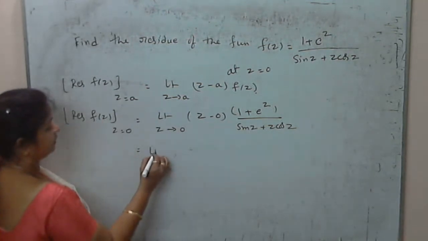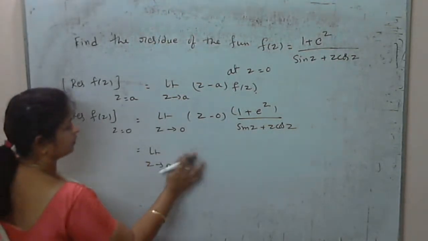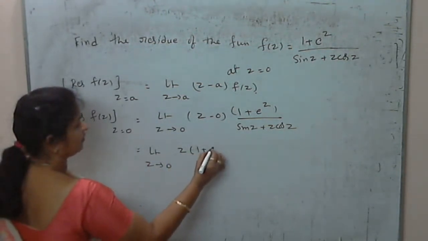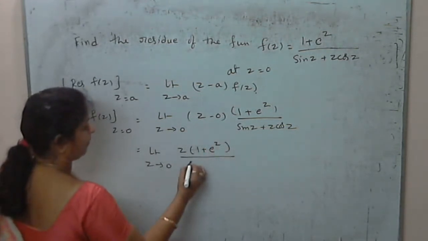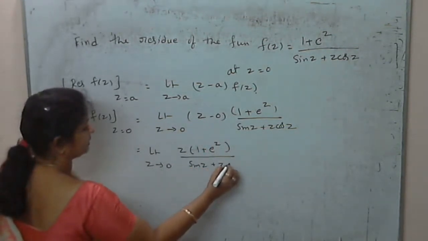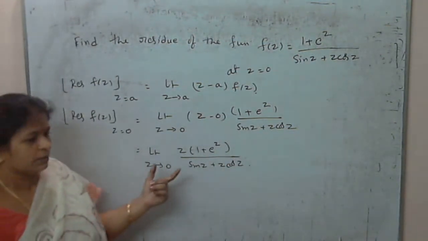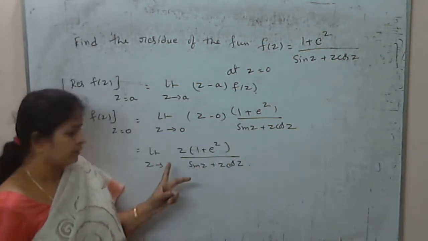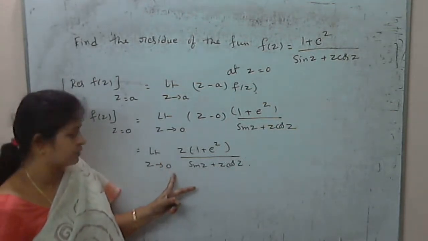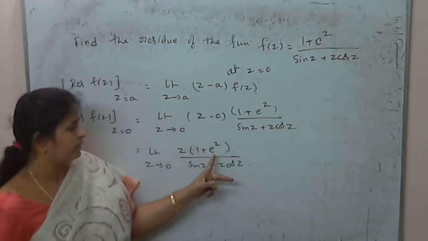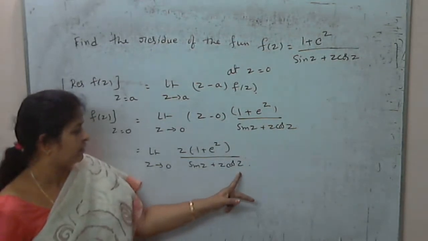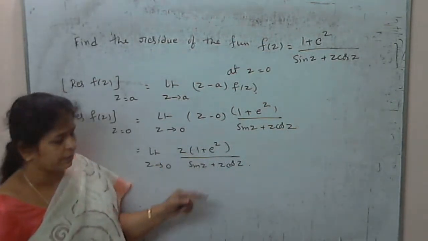That is limit z tends to 0, z into 1 plus e power z by sin z plus z cos z. So by using the formula, we got limit z tends to 0, z into 1 plus e power z by sin z plus z cos z. There is no cancellation of z.